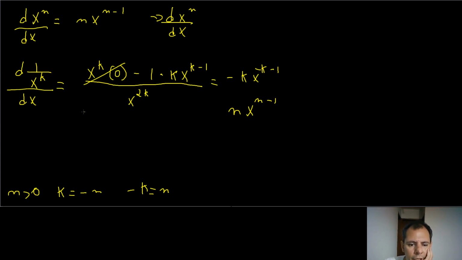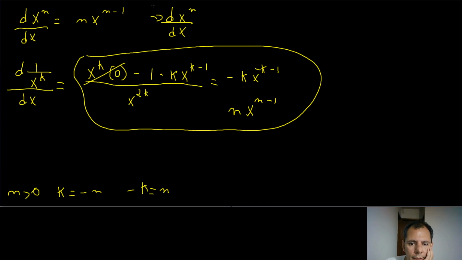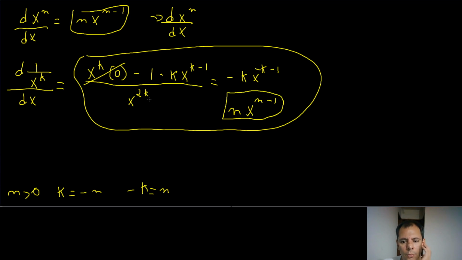So what did I just do? I just differentiated. Differentiating up here shows this formula, and differentiating down here shows the same formula. What does that tell you?